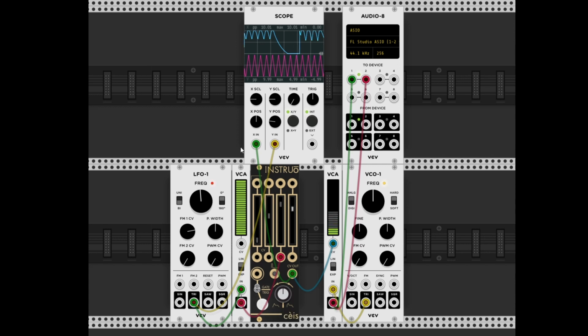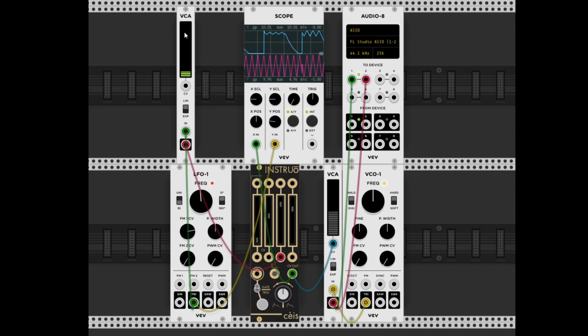I can even leave them away. Or let me at first make them a little bit more shallow. Even more. Yeah. Or I can even completely leave out this VCA and modulate directly.